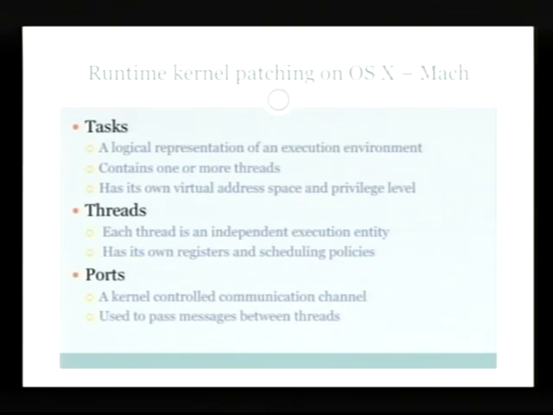So in many cases, it's a process, like you start Netscape or Bash or something. That would be a task. It has its own address space, just as normal processes do, but it can contain threads. Each thread, as in any other operating system, has its own execution identity, and it has its own scheduling.